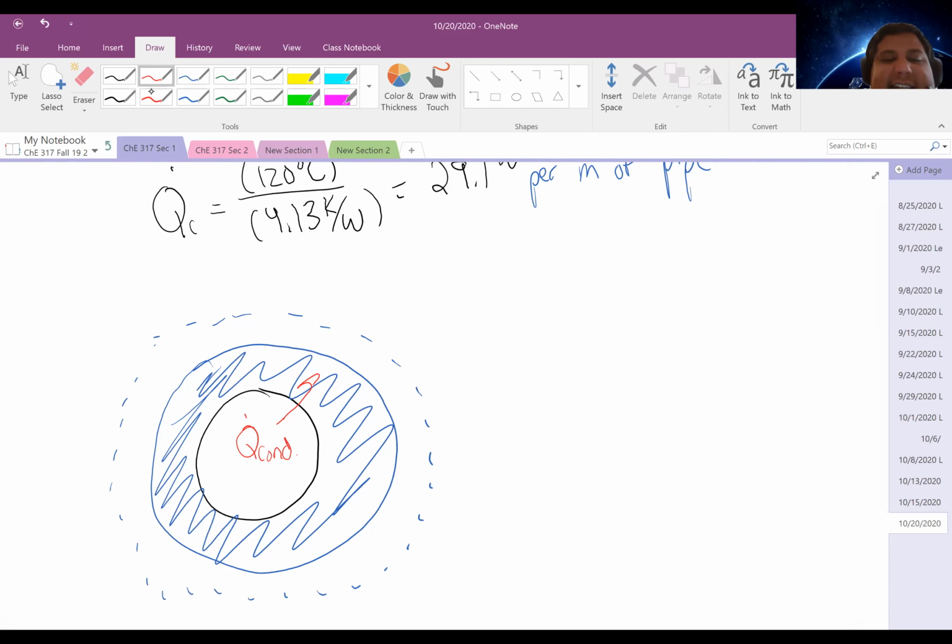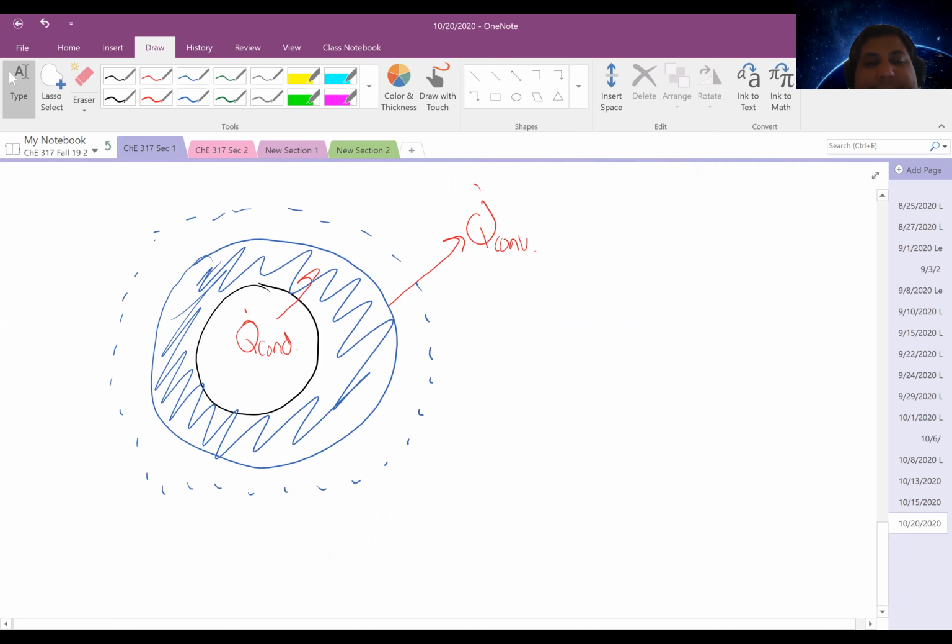I'll essentially increase the thickness and the thermal resistance for my heat transfer via conduction. But what I find is that increasing the thickness of this insulating layer results in an increase in convection on the outer surface of the insulation, because I'm increasing the surface area of my insulation on the outside.